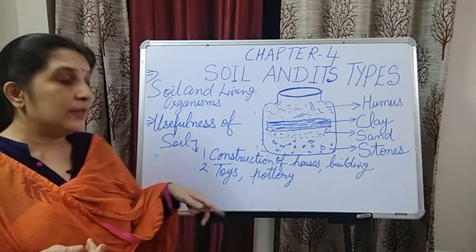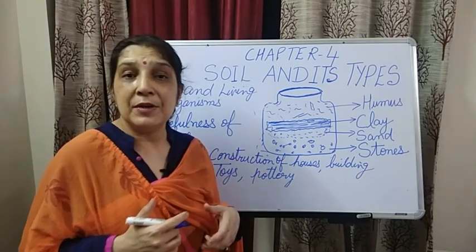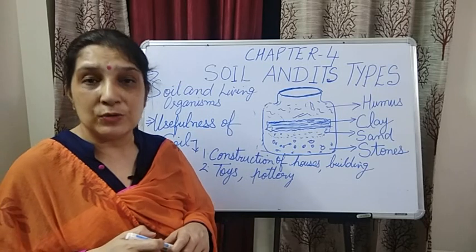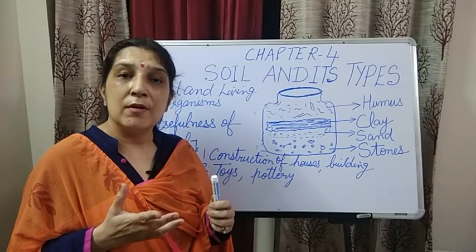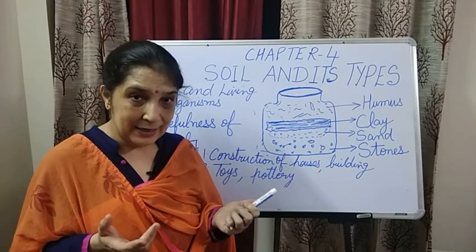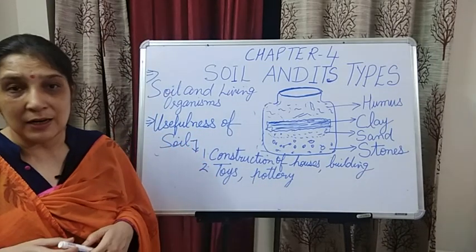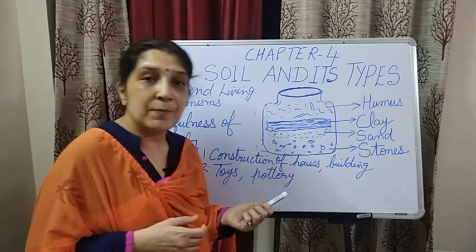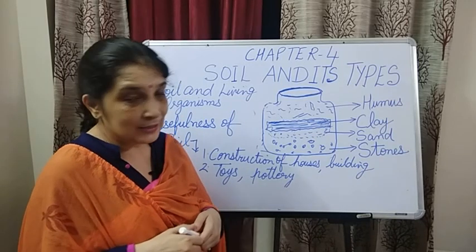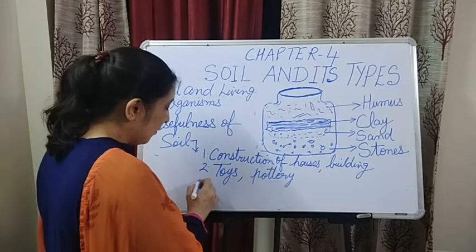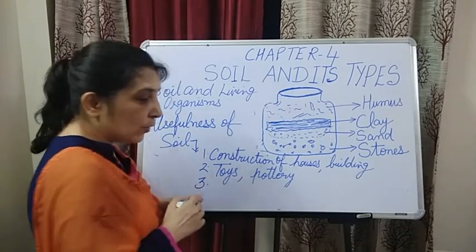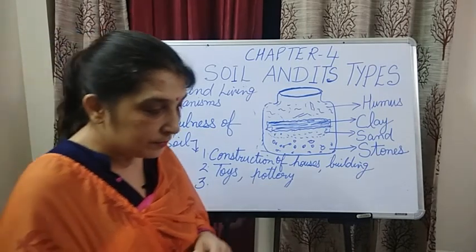So toys, pottery, and even, do you remember, earlier the houses were made of clay, right? And now also when you go to villages, you have seen mud houses, so they are also made up of soil. Correct, children? And what else is the soil used for?